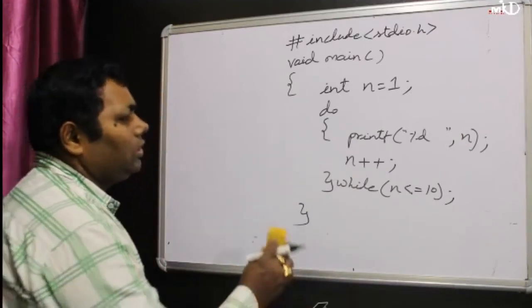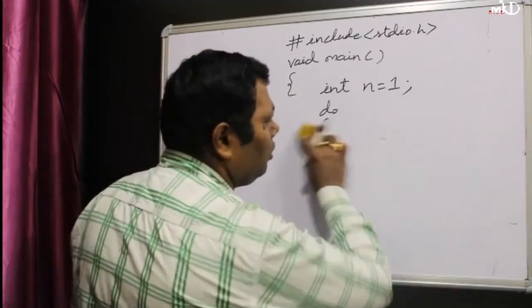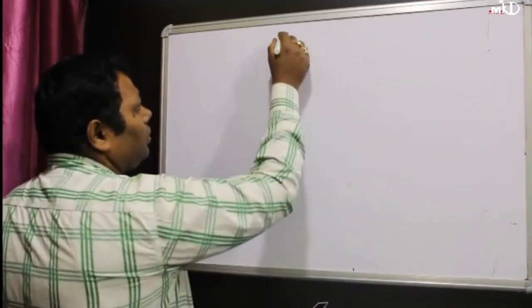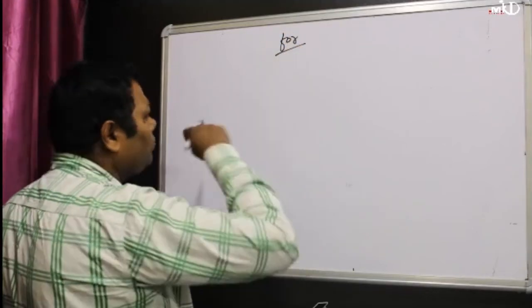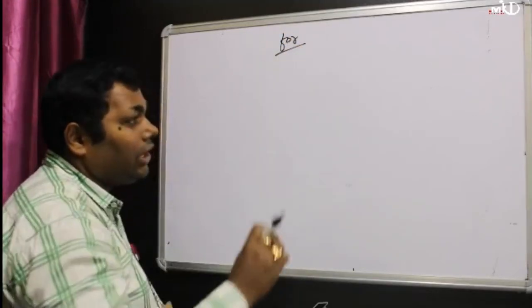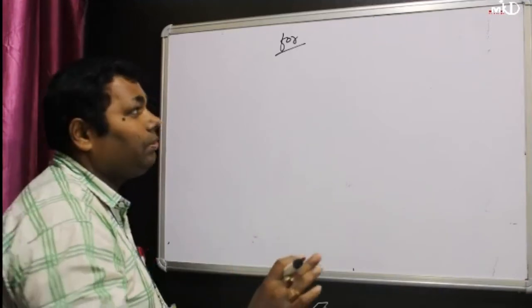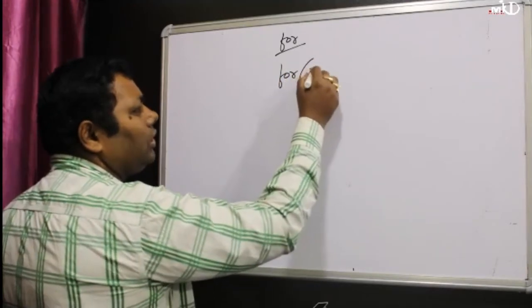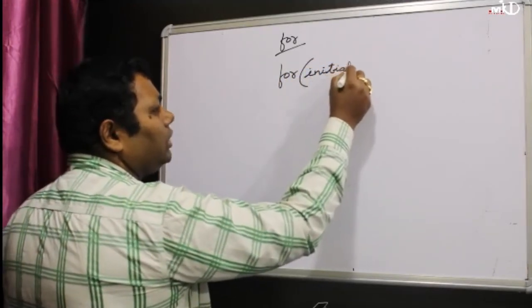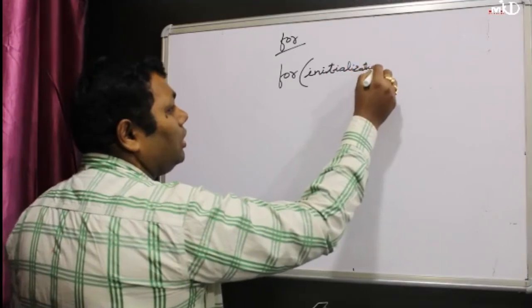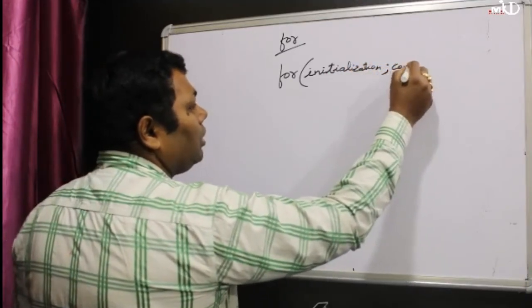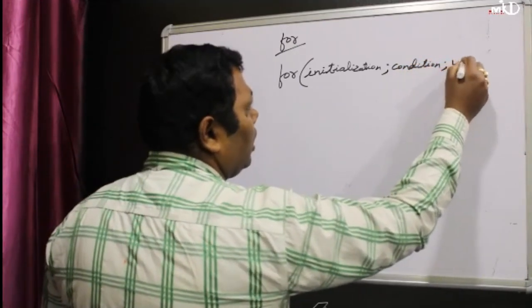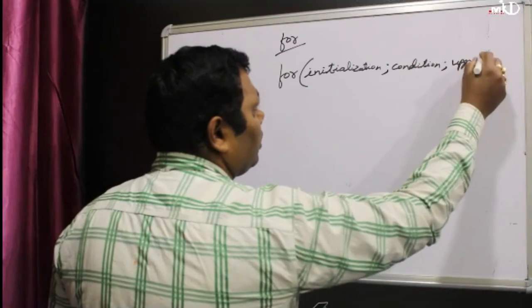Clear? So next we discuss the for loop. In the for loop, we write all the initialization, condition and upgradation statements in a single statement. For initialization; condition; upgradation statement.